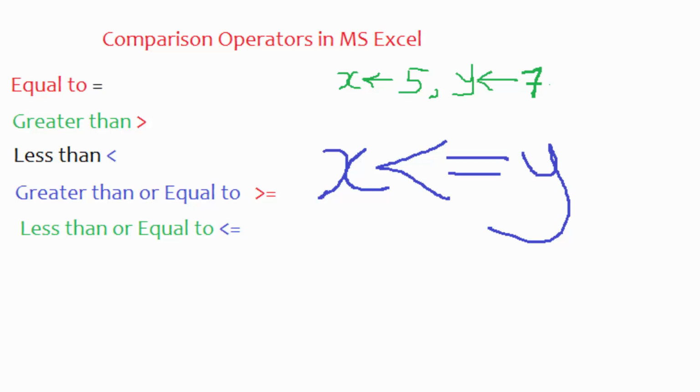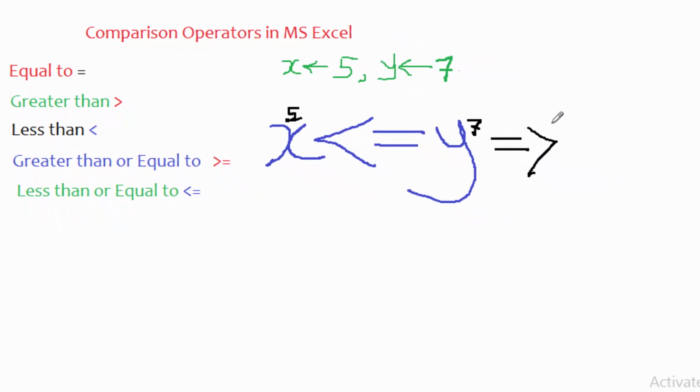And remember, inside my x I have 5, and inside my y I have 7. And in this case, it is indeed true that x is less or equal to y, because 5 is less than 7. So this expression will give us true because 5 is less than 7.